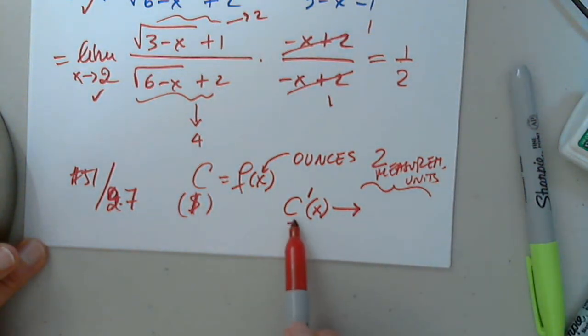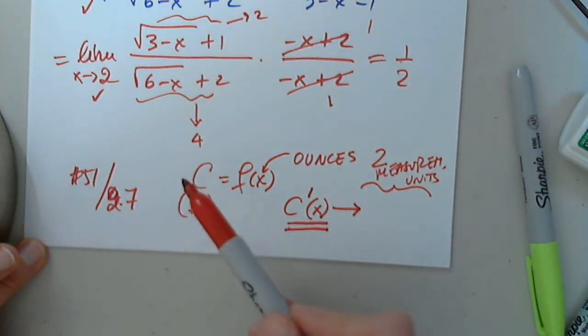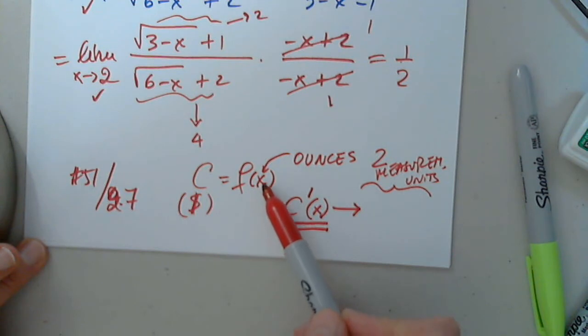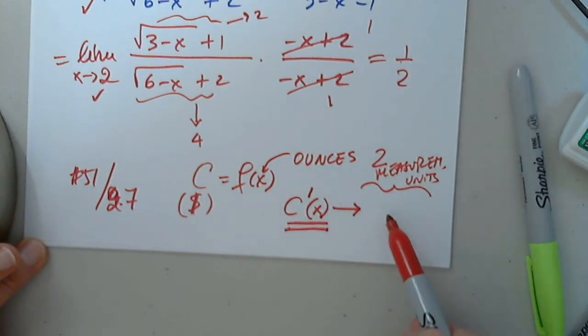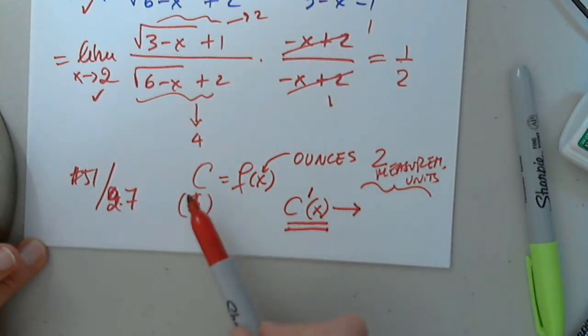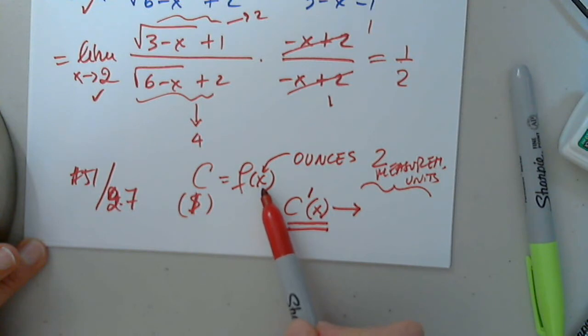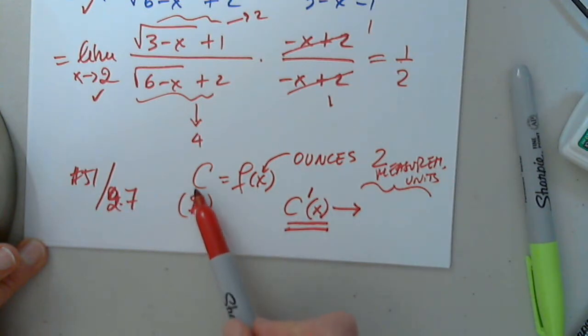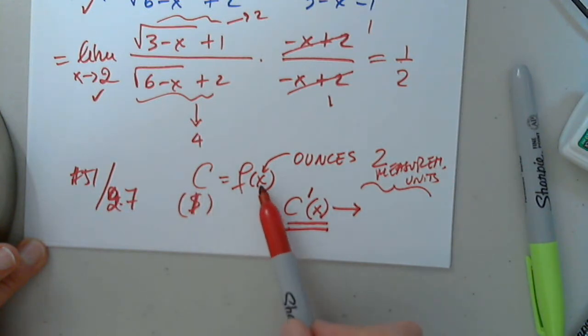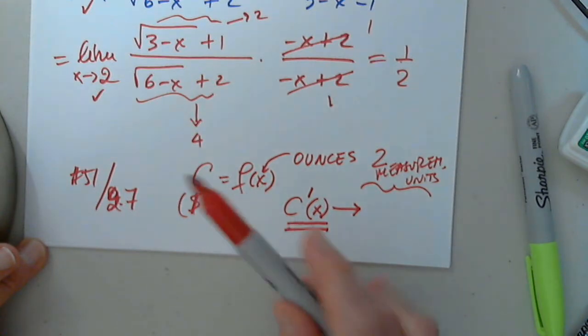So if I'm asked to find the rate of change of cost with respect to number of ounces, the measurement unit has to be cost over ounce, because it's the measurement unit of the y variable divided by the measurement unit of the x variable.